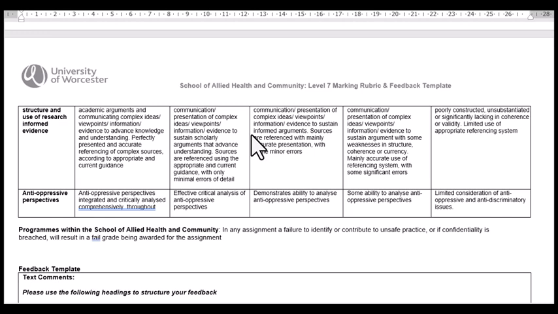If we think about some of the values of the profession around partnership and empowerment, collaboration, those things are quite often features of some of the approaches that we've learned about. So making sure that you include that in your analysis of the approach as well.